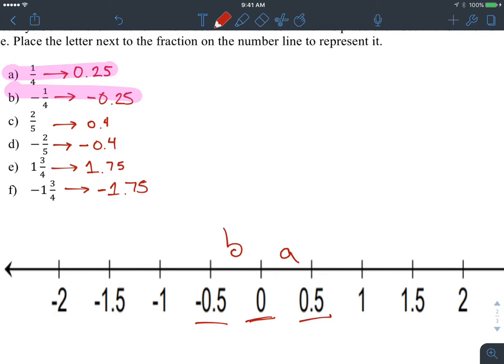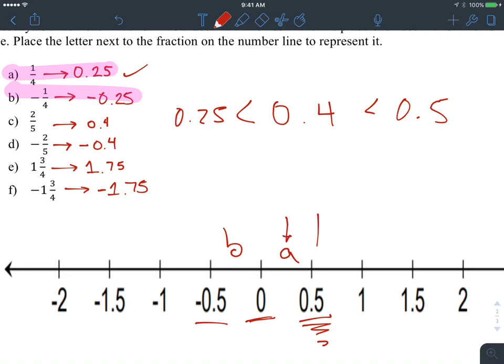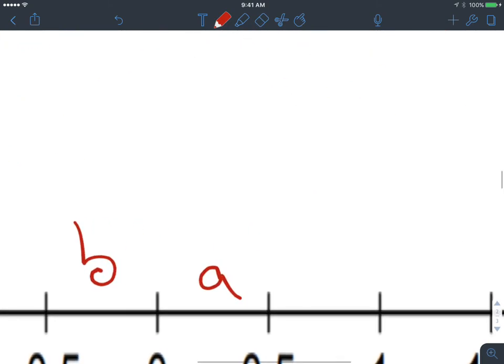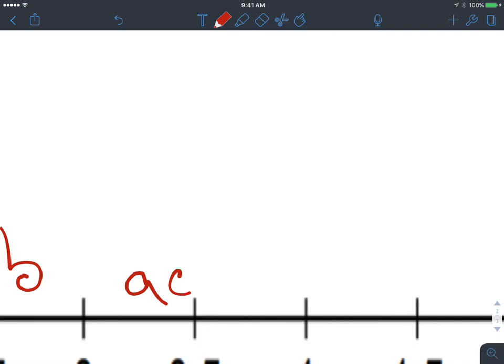So let me say that one more time. 0 and 4/10ths is greater than 0 and 25/100ths, greater than A, but it's also less than 0 and 5/10ths, which is right here on the number line. So that means C is going to be somewhere between A and 5/10ths. So I'm going to represent that on the number line by putting it somewhere in between the two. I'll put it right here.